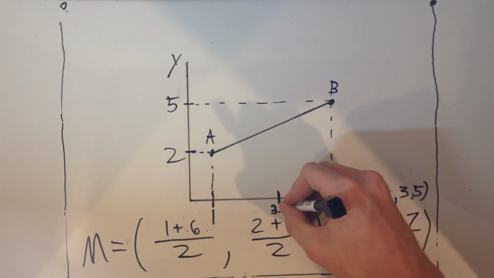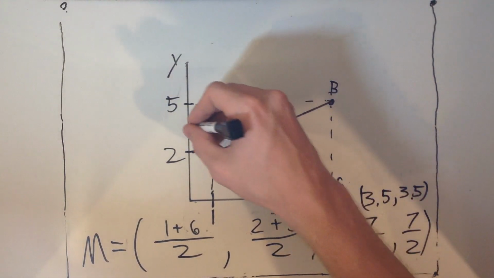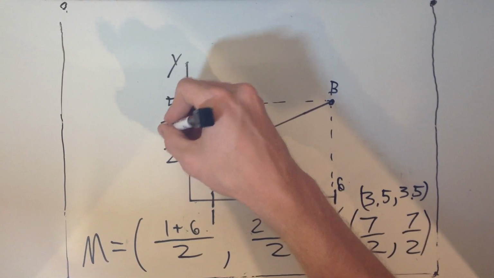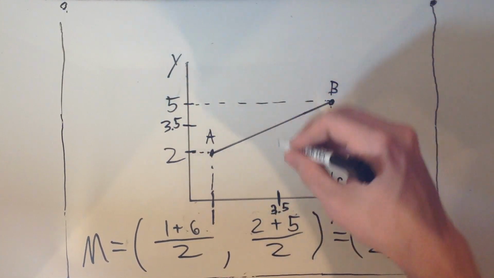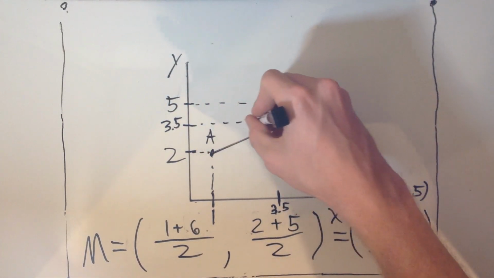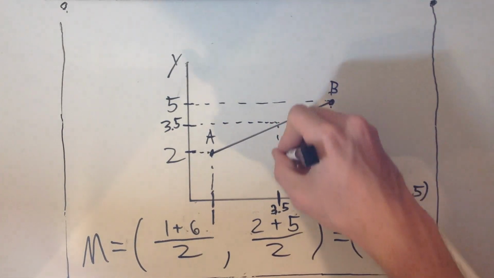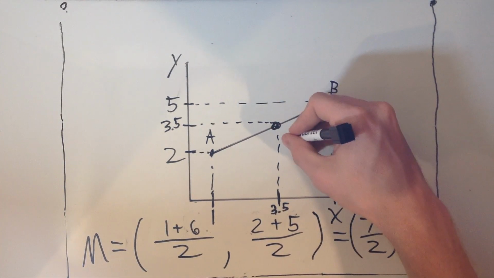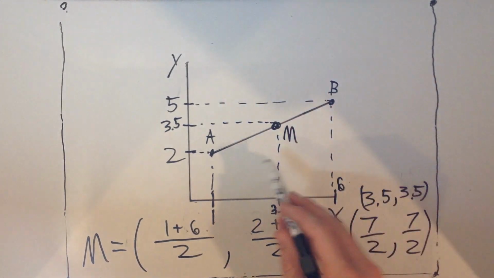It's a whiteboard, it's not going to be exact. And then we go over here, 2 and 5, about midway through, we got our 3.5. We do our dots and find our midpoint is about right here. And there we have it.